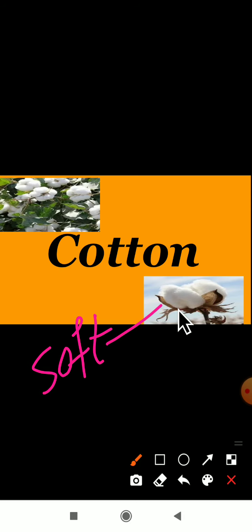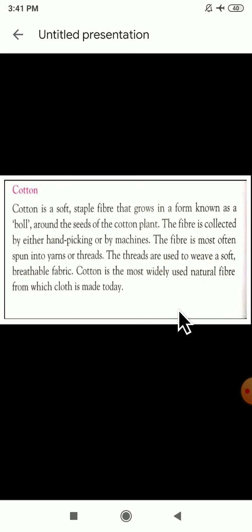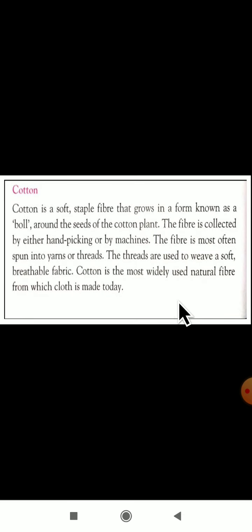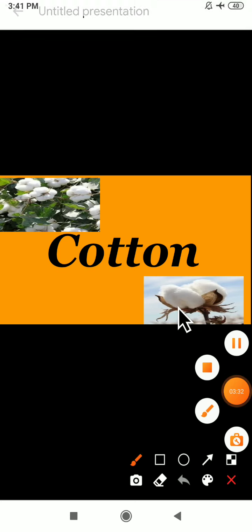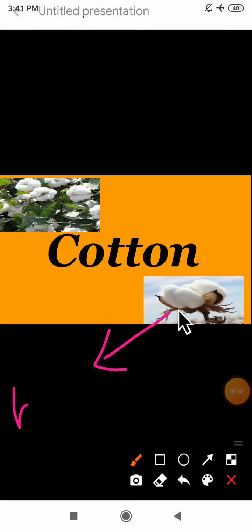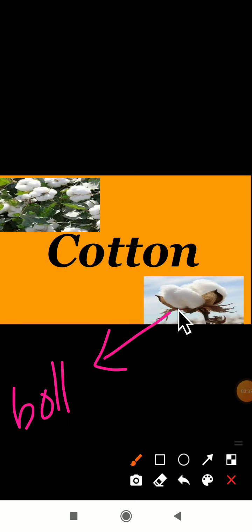In which form does it grow? In a boll, B-O-L-L, boll. Around the seed, can you see here? Around the seed it has grown.